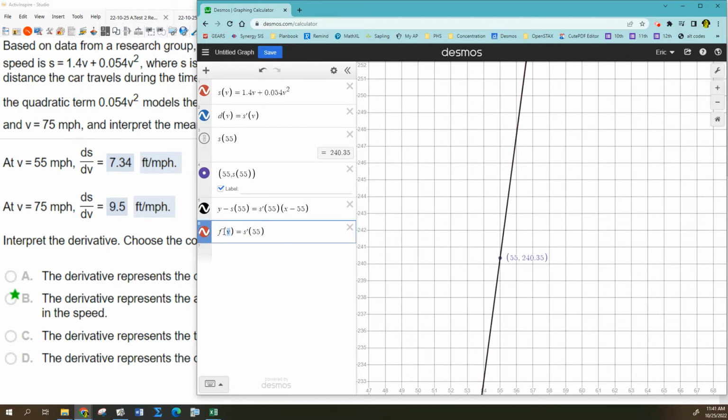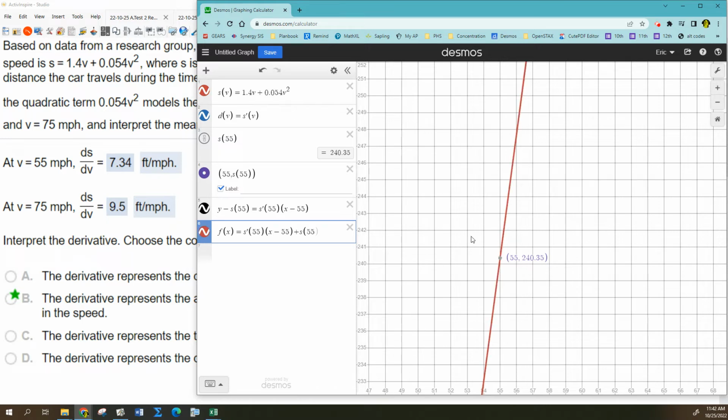So I'm going to call this f of x equals whatever that number is, s prime of 55 times the quantity x minus 55. And then I just have to add this term to the other side. And now I've got a function there. Everybody see that? All I'm doing is just solving for y, but calling it f of x. If you don't follow all this, it's not that critical.